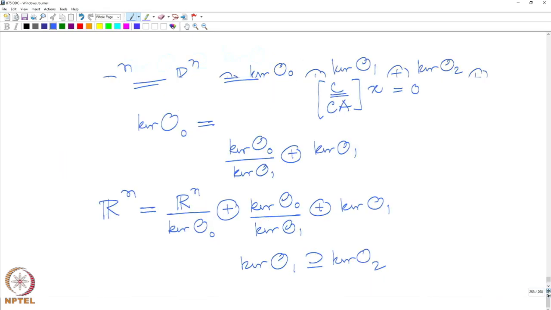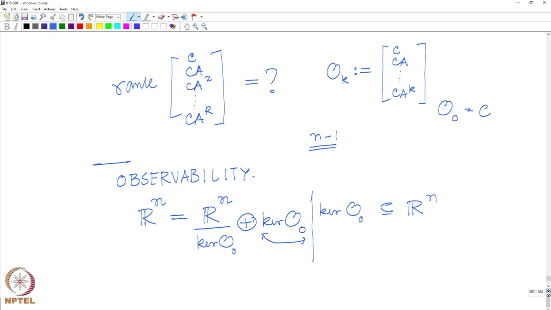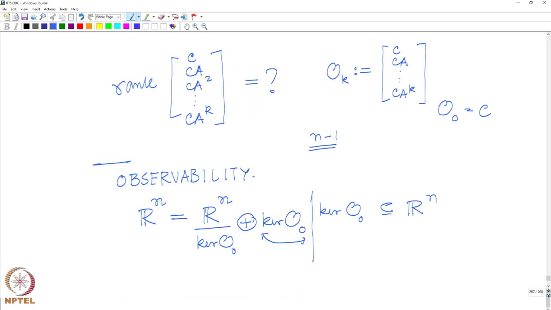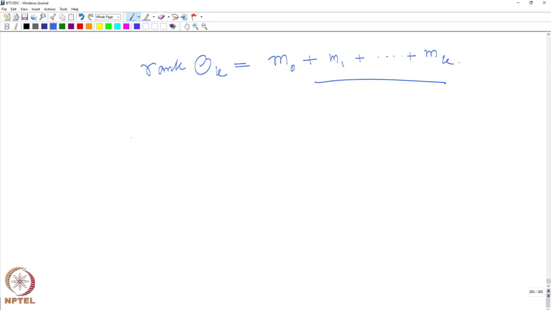So now we go back to our earlier expression. The dimension of B k, which we call d k by definition, is equal to rank of M k, and that is equal to k plus 1 times m plus rank of O k.